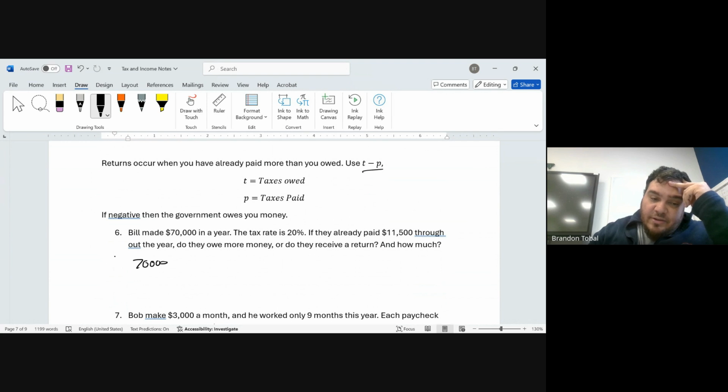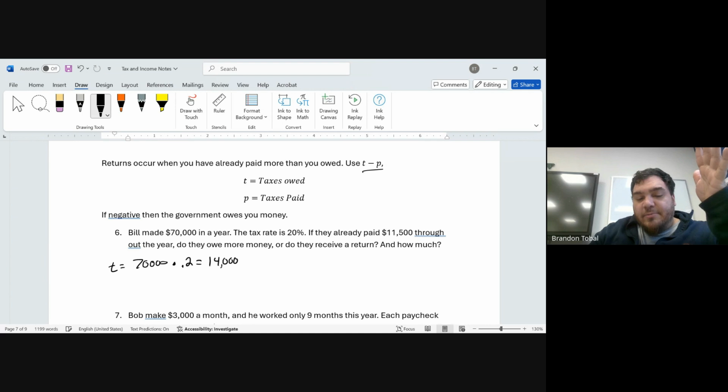So in this scenario, I want to figure out how much taxes is owed. 70,000, and he needs to pay 20% of that in taxes. So he owes, or the government expects to receive, $14,000. Now, how much did he pay? In this one, they just straight up tell you he paid 11,500. So nothing special.